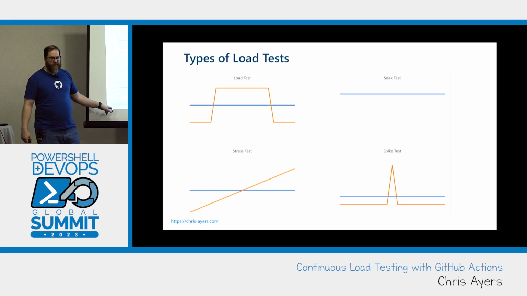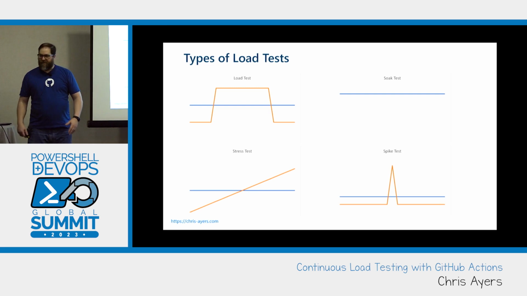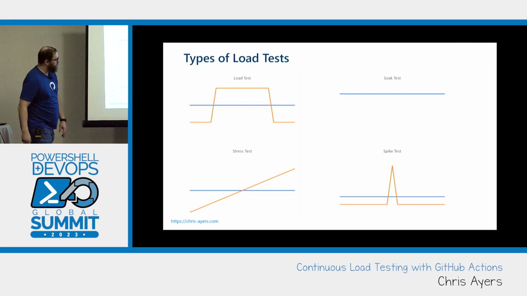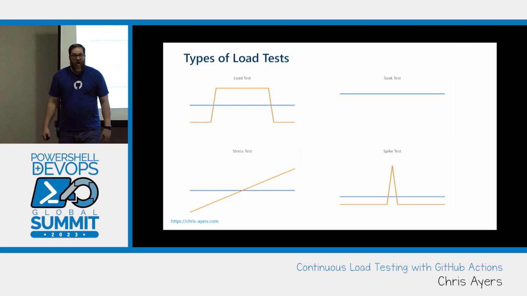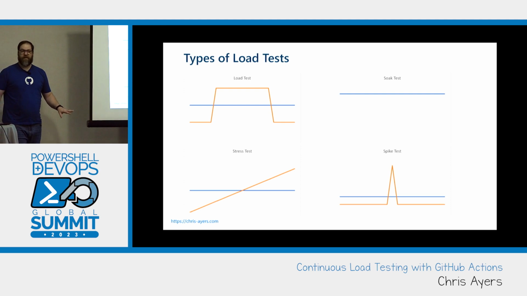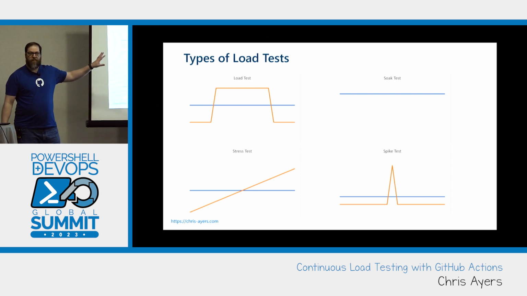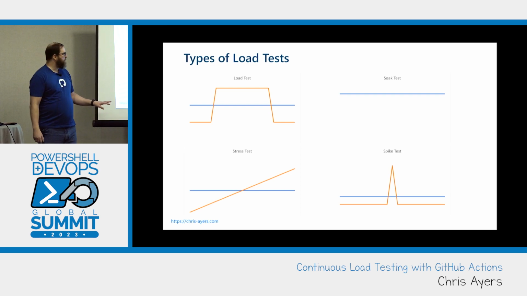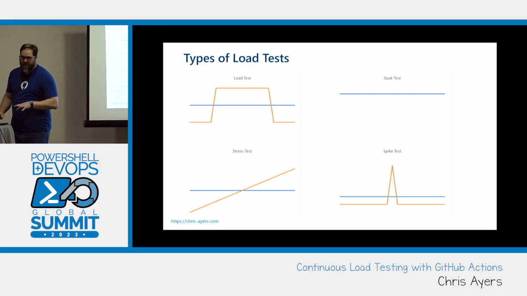Maybe you just start at 10 and you go up until it falls apart and you figure out why it fell apart. Or maybe you just have some traffic and then you go, oh my God, it's Black Friday. And you're like, okay, we're fine, and you see what happens. So there's different patterns to load testing.